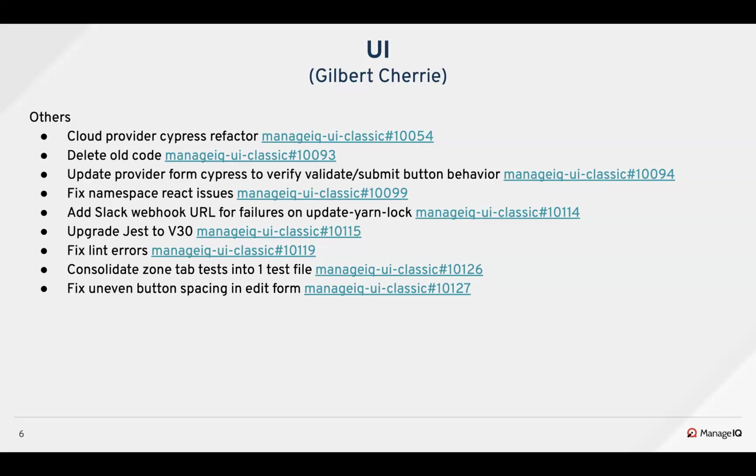Jason did a PR to add the Slack webhook URL for failures on update your unlock. Asavad upgraded our Jest version to V30. I had a PR to fix various lint errors, and Andy did a follow-up PR to consolidate zone tab tests into one test file. And Asavad had a small styling fix to fix the button spacing on edit forms. Next slide.